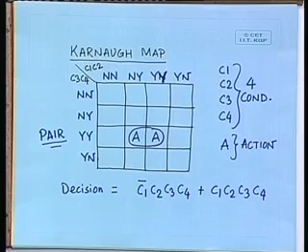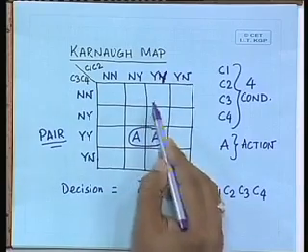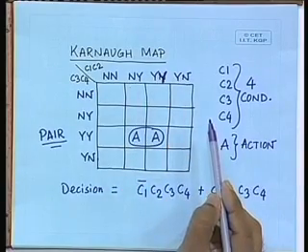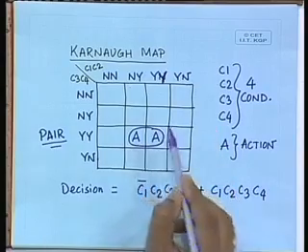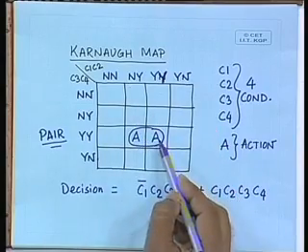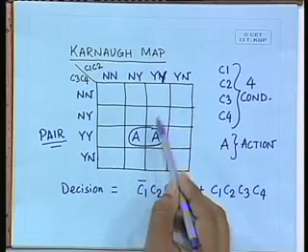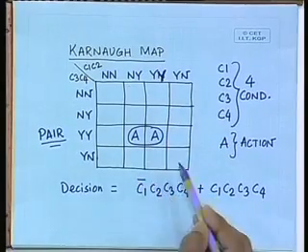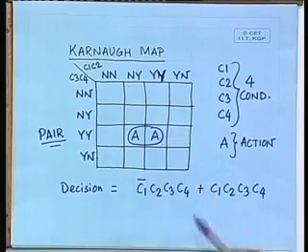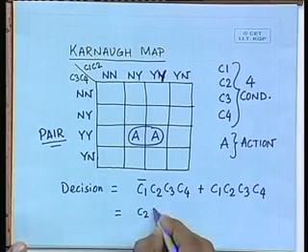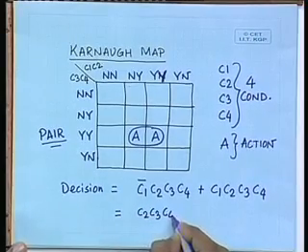So, which variable should you remove? C1. Why C1? Because between these two boxes, C1 is both no and yes. So, C1 is the variable that can be removed, and therefore, we can write the decision as C2, C3, C4.